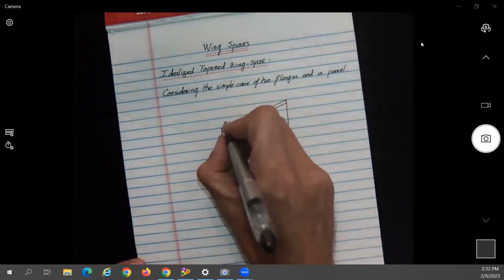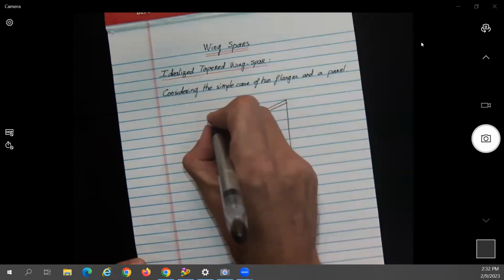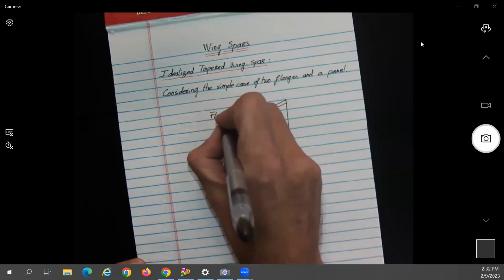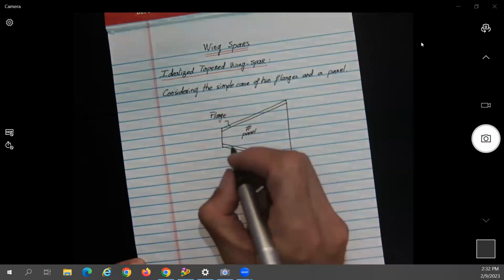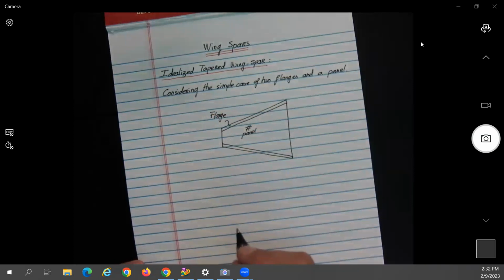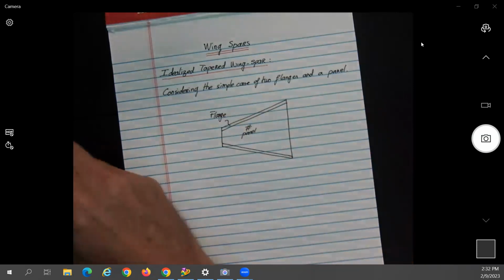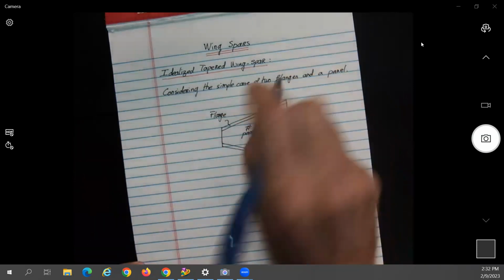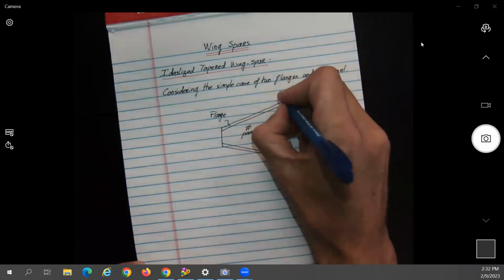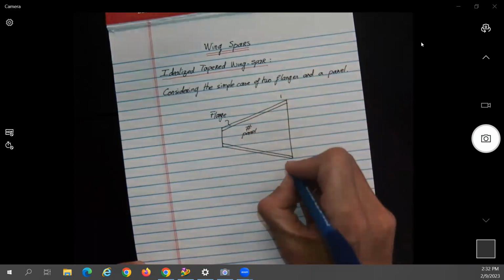I like flange because it's shorter to write down. Let's say this would be 0.1. This will be 0.2.